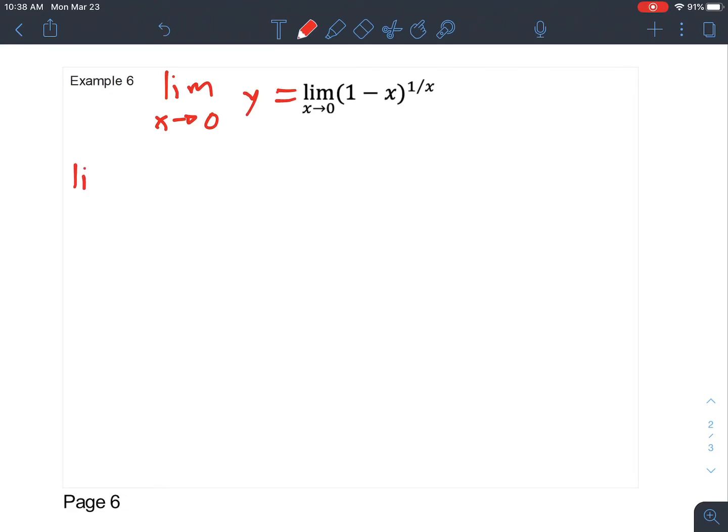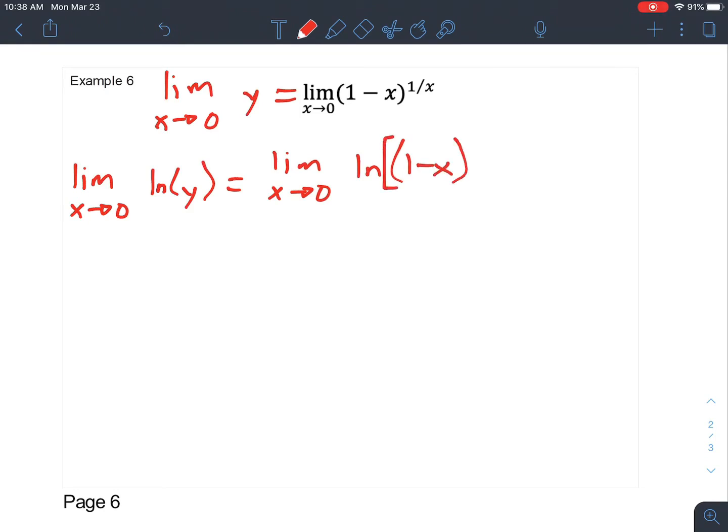Then for the next step, we're going to recopy that, but now we're going to take the natural log of both sides. And I should have included a bracket there. There. Okay, now we know that we can move the exponent out in front.